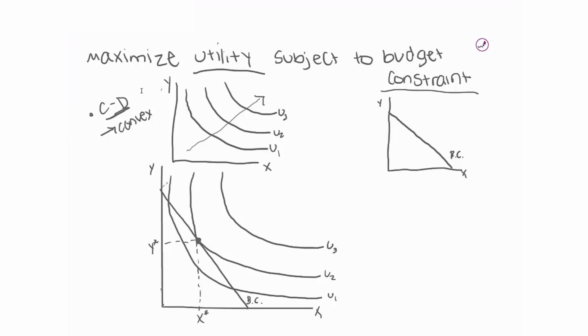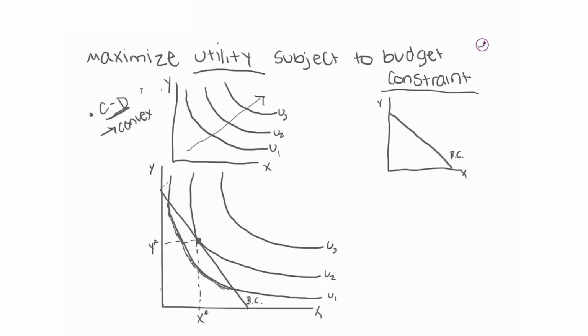Now what I want to do is compare this point to points on our other two indifference curves to get an idea of why that's going to end up being the best point. If we compare to this lower one first, to U1, anything along this region that I'm shading right now, they could have chosen, because anything along here would have been affordable for them.